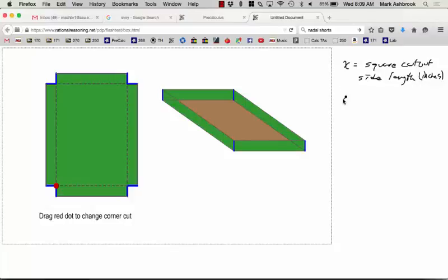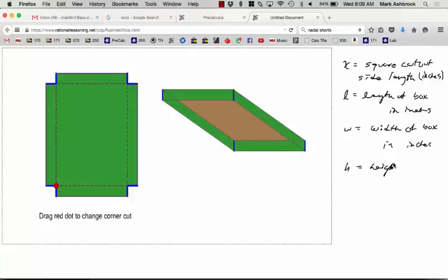Let's let L be the length of the box, and then in inches. W will be the width of the box in inches. H will be the height in inches.